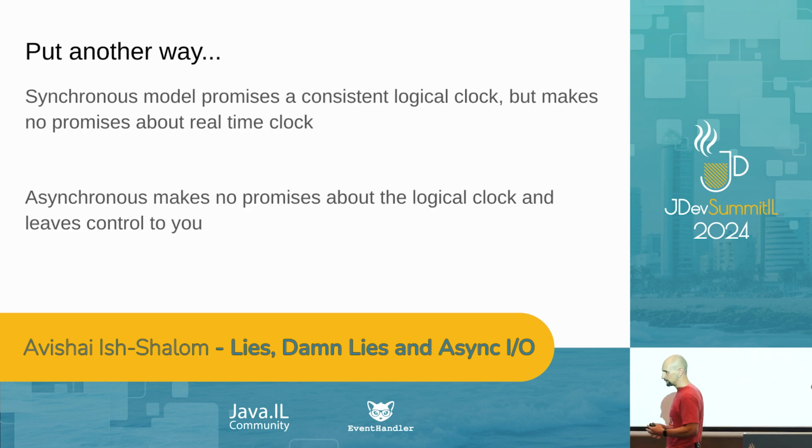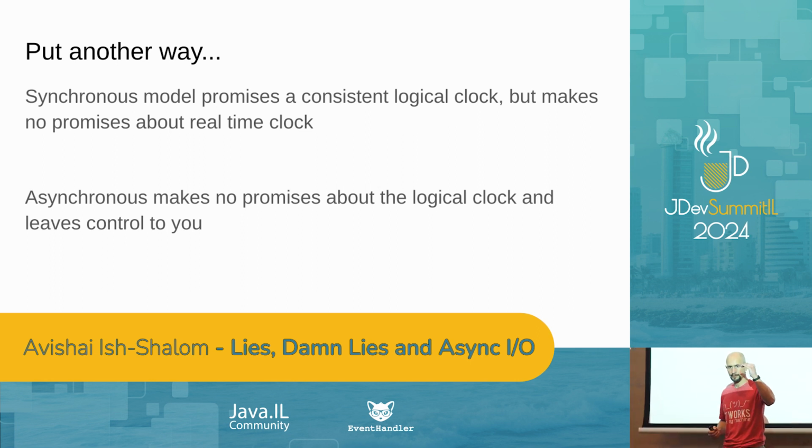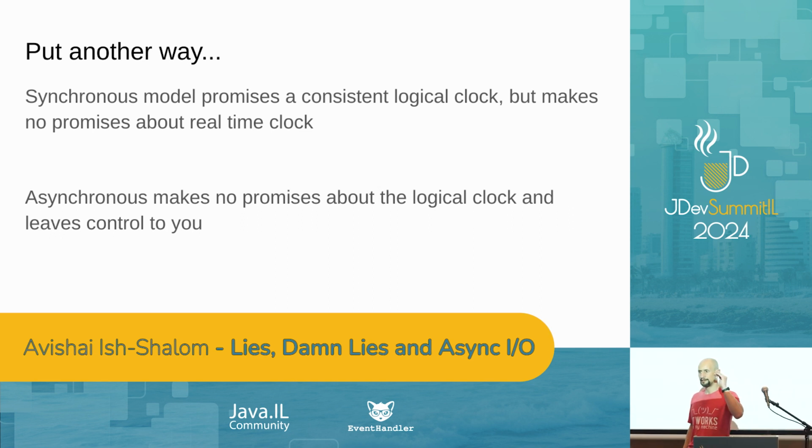Now, another way to put this is that the synchronous model basically guarantees a logical clock. Okay? You can think about a clock that is in your program, and it's basically a counter that counts execution. And the synchronous model guarantees that the order of this clock will be preserved in your program.